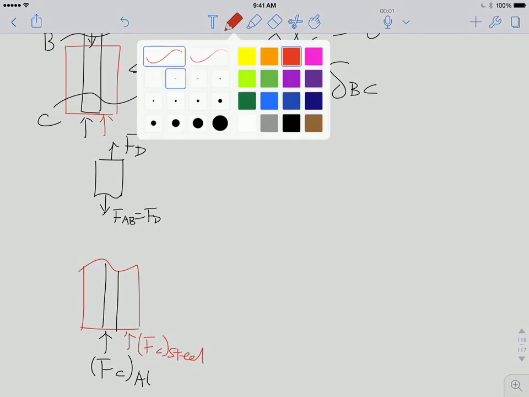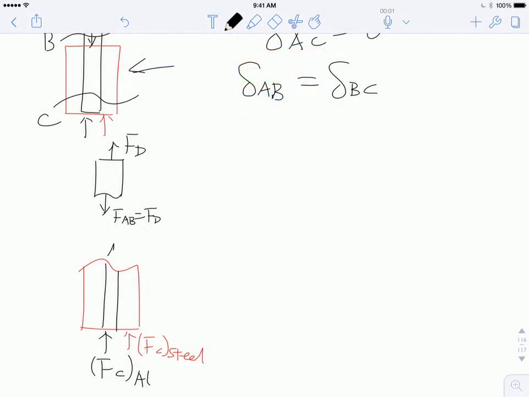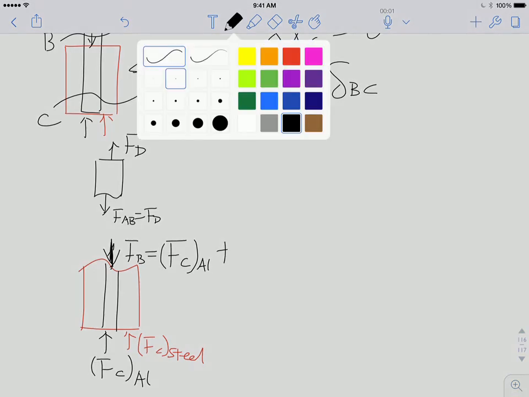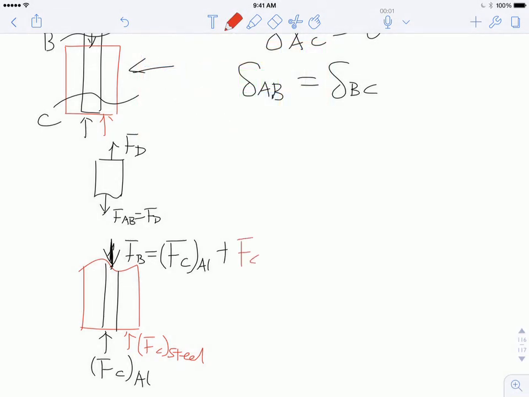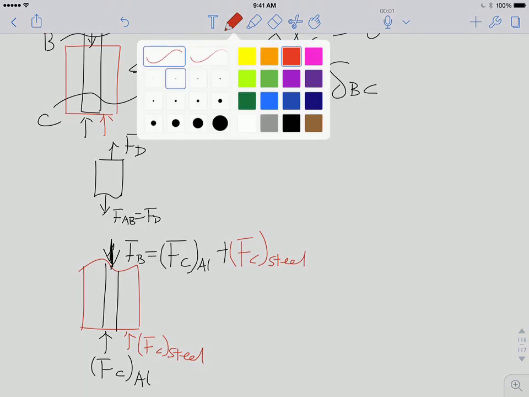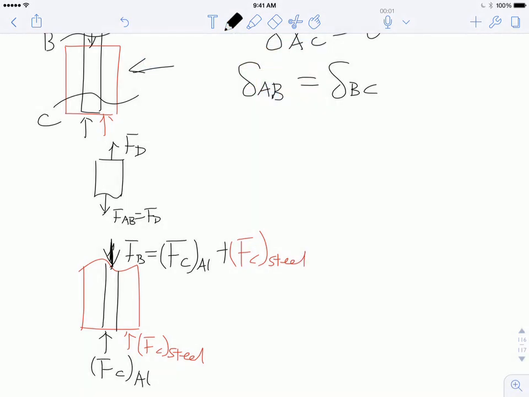Okay, now this reaction total force over here should equal to F_BC. So therefore, F_BC is nothing but F_C aluminum, don't forget this term, plus F_C steel, right?